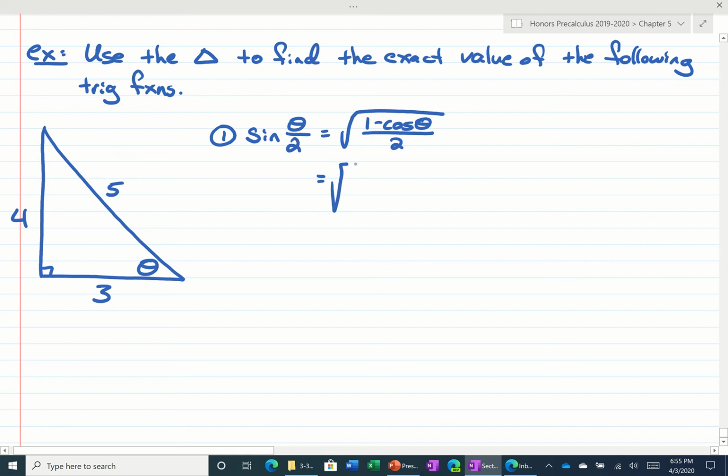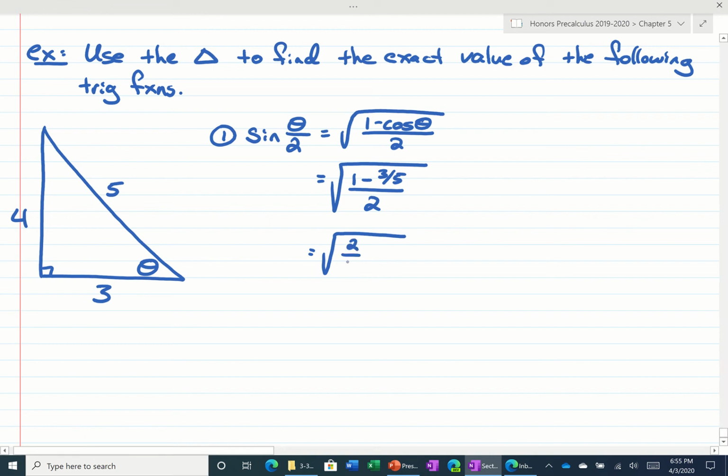So this would be 1 minus the cosine of theta, which is 3/5. And then we do have to rationalize this. The way that we could do this, 1 is the same thing as 5 over 5, minus 3 over 5 is 2 over 5.